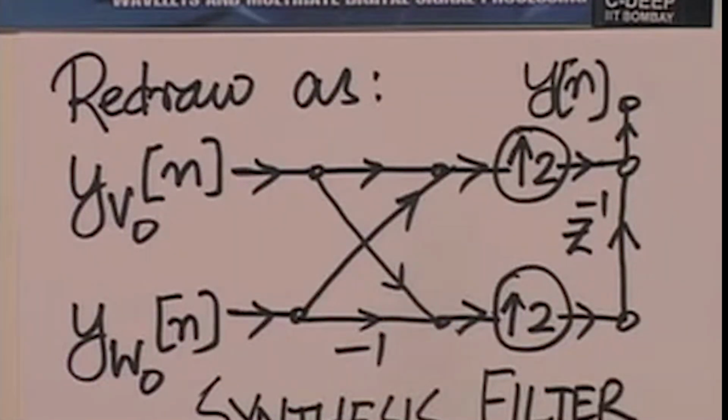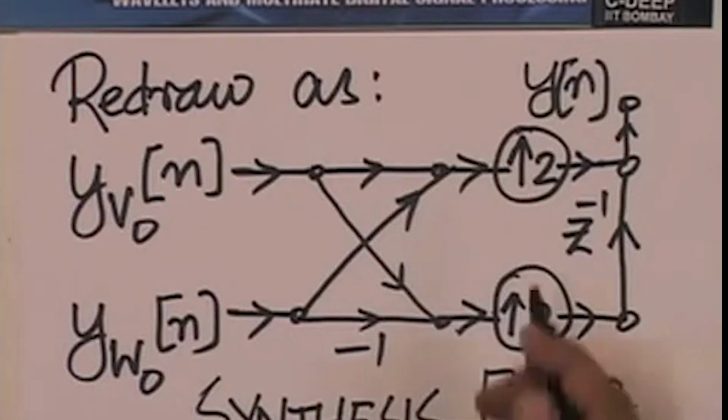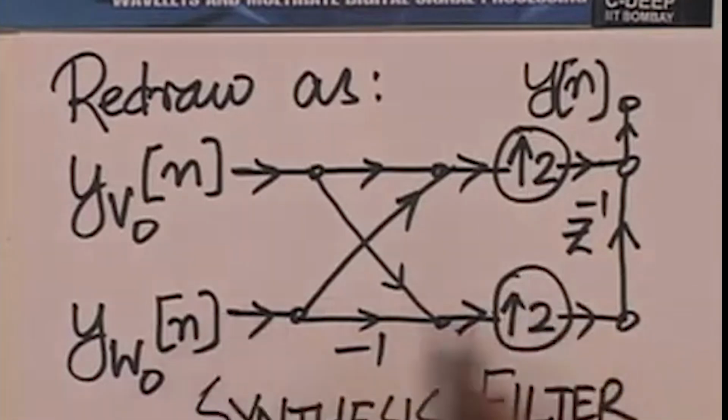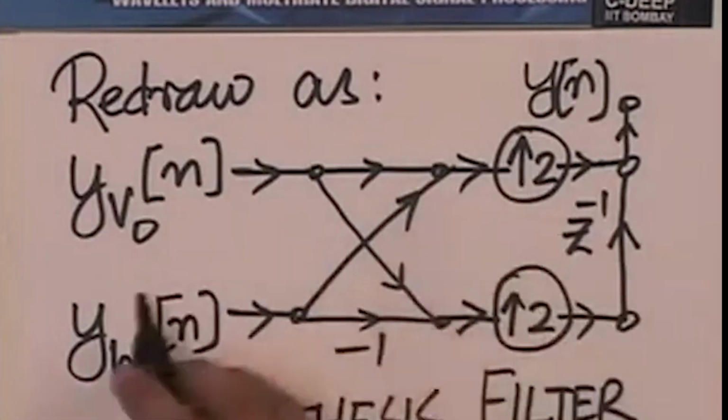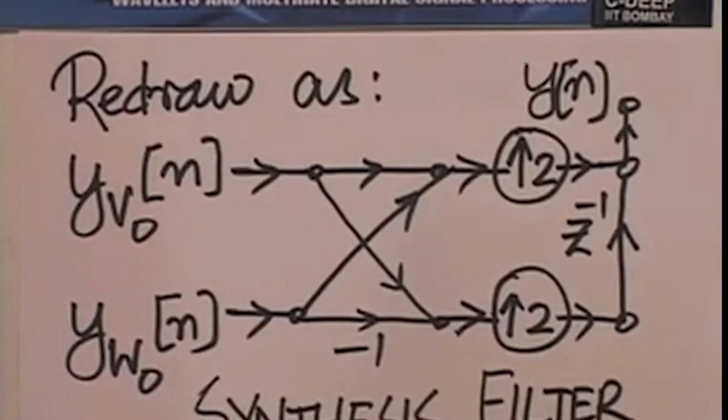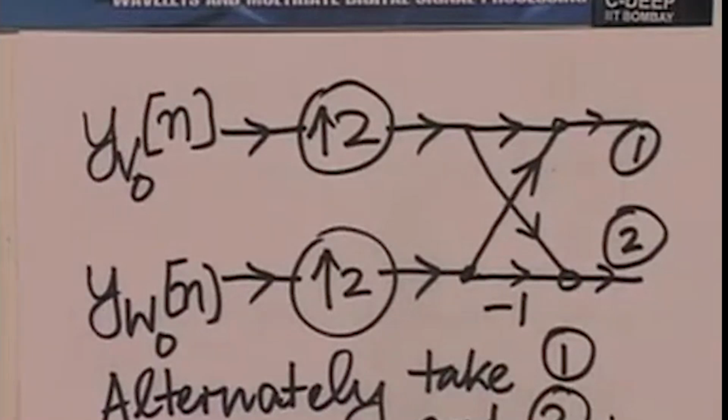And if we will only take a minute to understand that this upsampling operation can jump back and forth here. So, here when we drew this diagram, we were not quite correct.